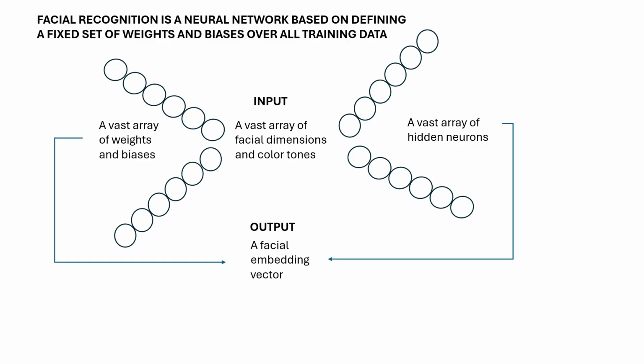And it goes through a training to minimize the error between the predicted face and the actual face. Okay, again, the same principles of the simple neural network, but here, more hidden layers, more neurons, and a more complex set of input data.